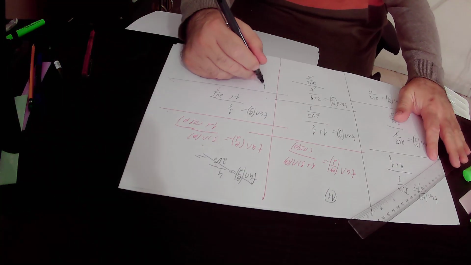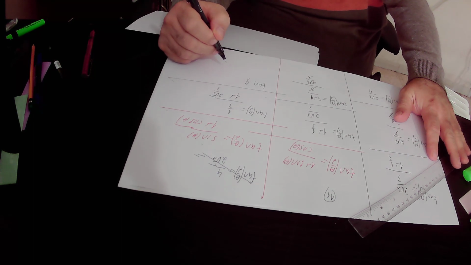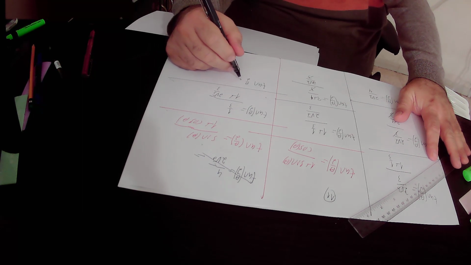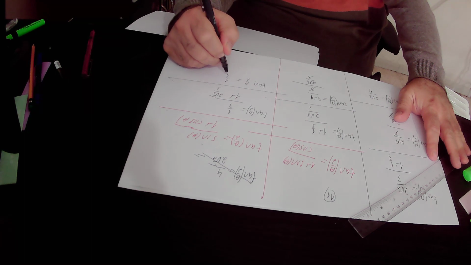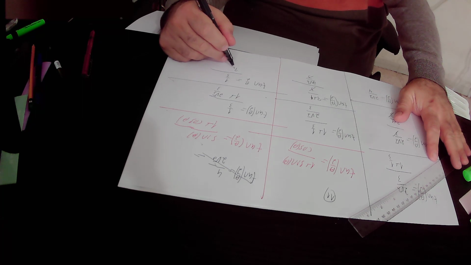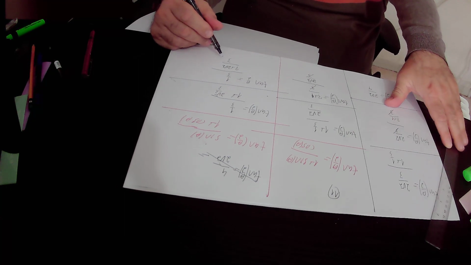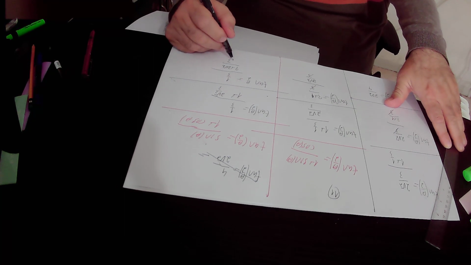And we get that tangent theta over 2 equals 1 over 3 over 3 plus 2 times square root of 2 over 3. So we have 3 in the numerator and 3 in the denominator, so we'll cancel 3.